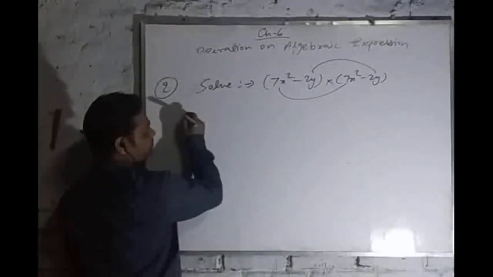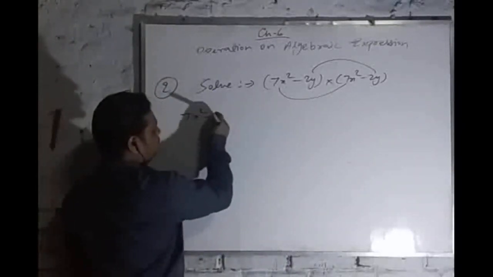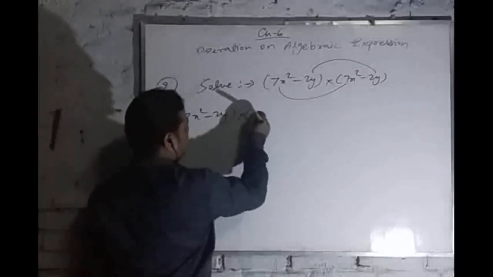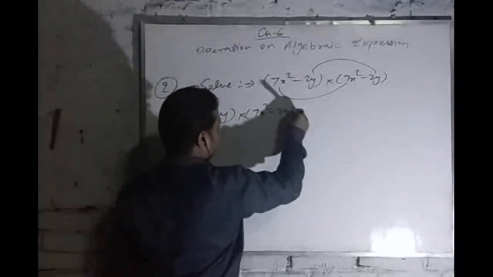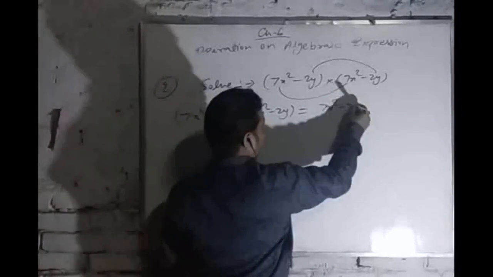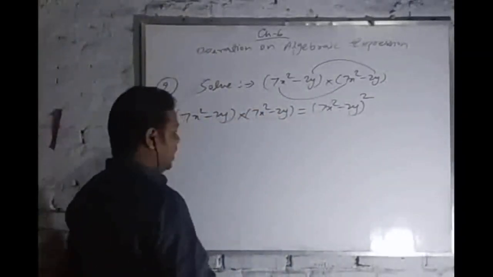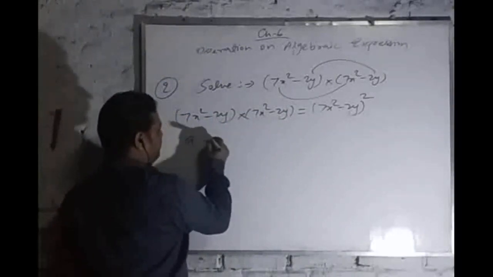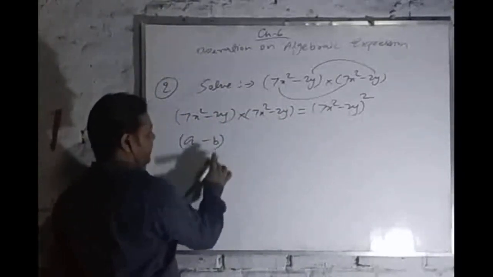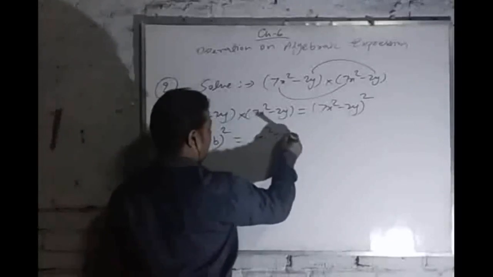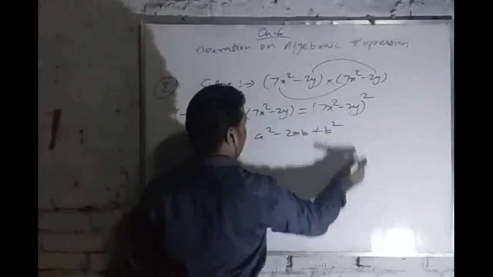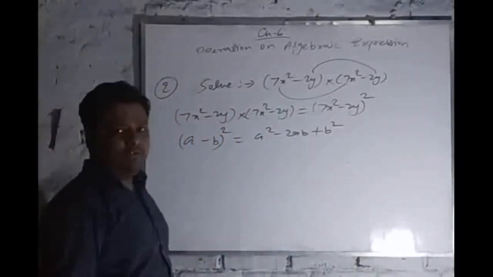At first, (7x square minus 2y) into (7x square minus 2y) means (7x square minus 2y) whole square. Now (a minus b) square is equal to a square minus 2ab plus b square. That is this formula we will use.